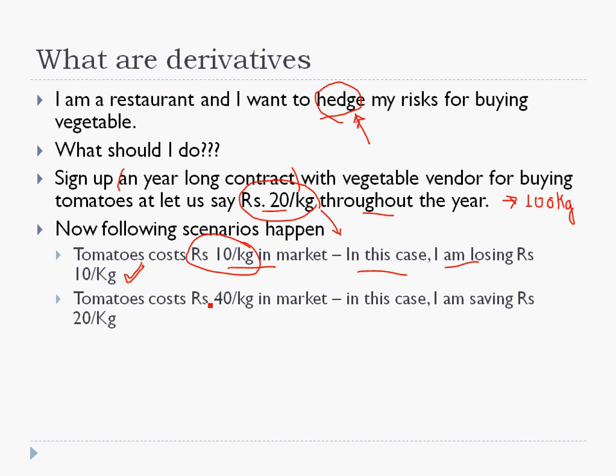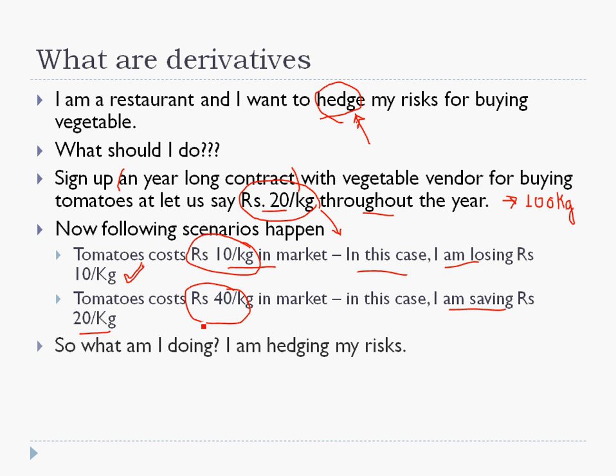The second would be tomatoes cost rupees 40 per kg. Now I am better off. In this case I am saving rupees 20 per kg, right? The third scenario which is not mentioned here is tomatoes are sold at rupees 20 per kg, and in that case I am neither at profit nor at loss, right?